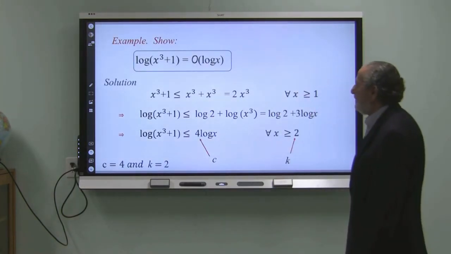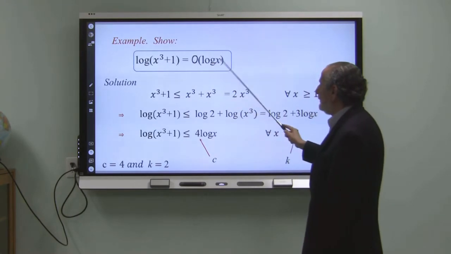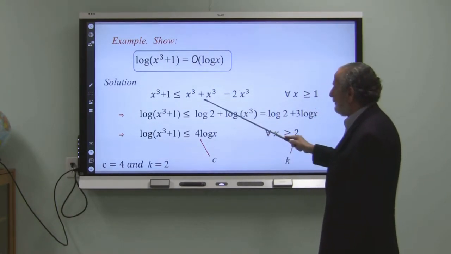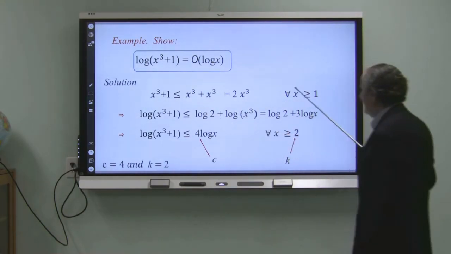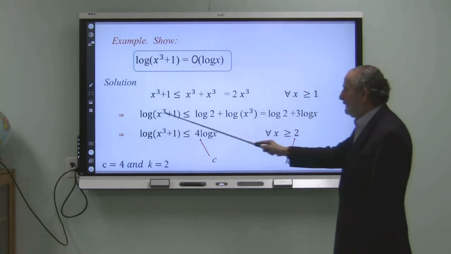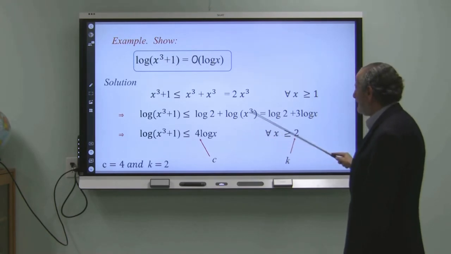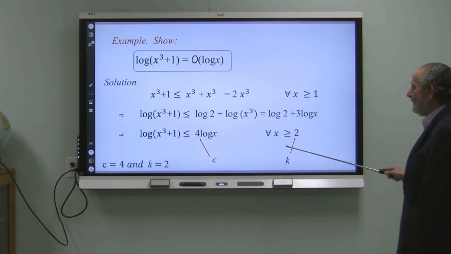Okay, this is another example. Let's prove that log of x cubed plus 1 is big O log x. You put this one here, less or equal than x cubed plus x cubed, because 1 is less or equal than x cubed, x greater or equal than 1, remember that. 2x cubed, you take the log of both sides, you get log 2 plus log x cubed, log 2 plus 3 log x.